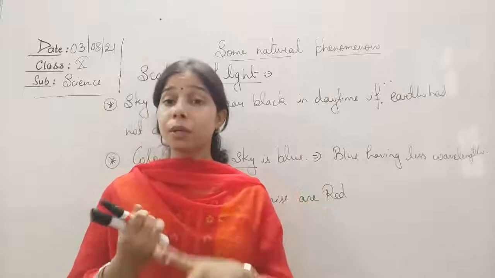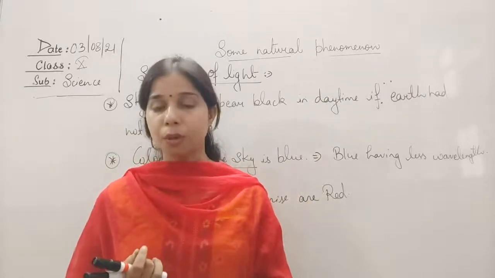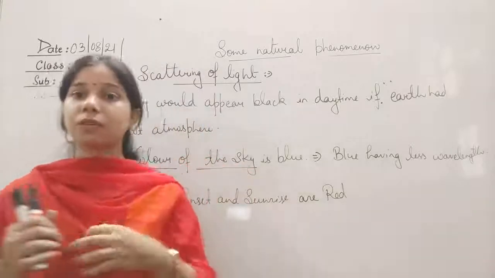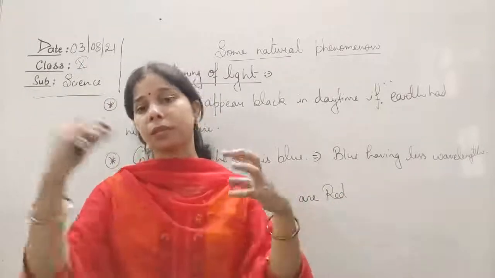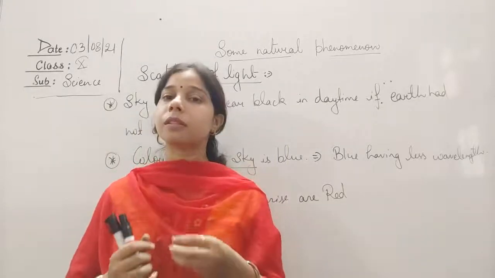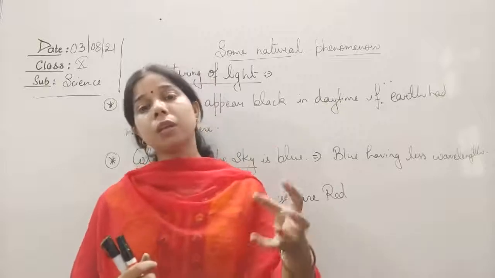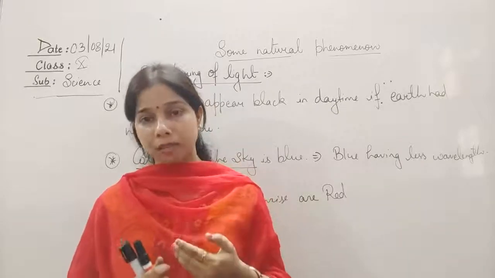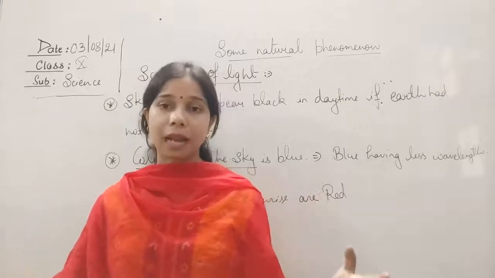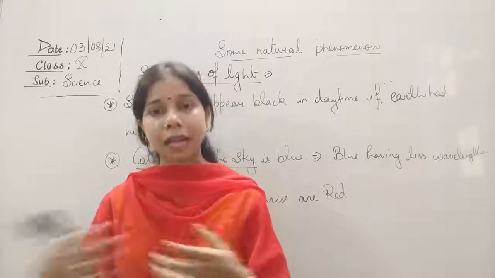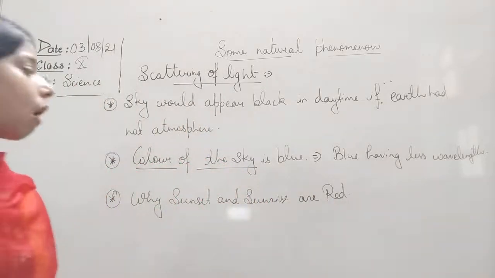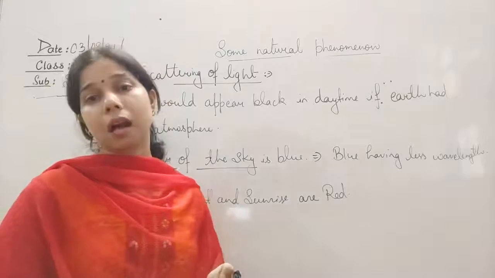Since blue has more scattering power because of its low wavelength, it gets scattered away when it travels a long distance. All the colors get scattered away, and since red scatters very little, it reaches us. So the blue color gets scattered away totally, and it is the red color only which reaches our eyes rather than any other color.